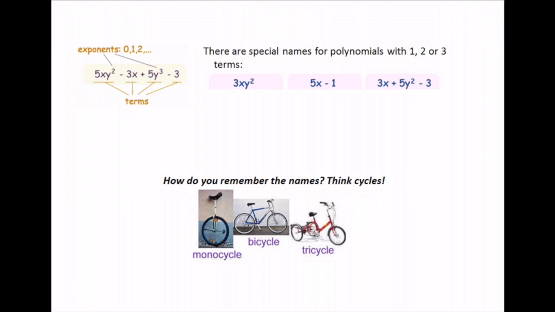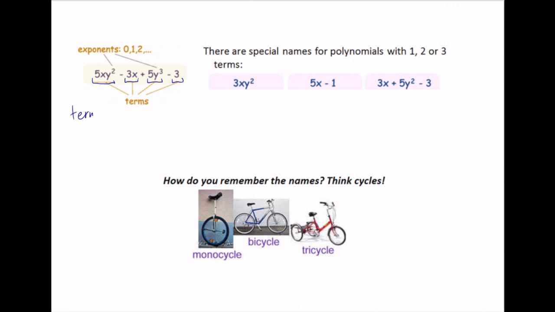Let's look at classifying our polynomials. So mathematicians love to classify things. We have different names for all of our polynomials. But the first thing I want to look at is what a term is. So right here, we have 4 different terms in this polynomial.